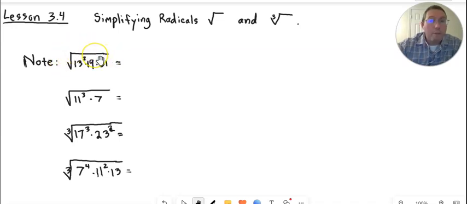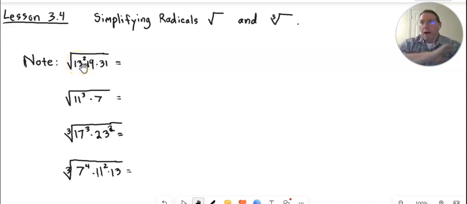I do want to point out, and this is really important, that there is no addition or subtraction going on under this radical. It is strictly multiplication. The simplifying that we're doing is only possible if there is just multiplication. If there is any kind of addition under a radical, just stop.